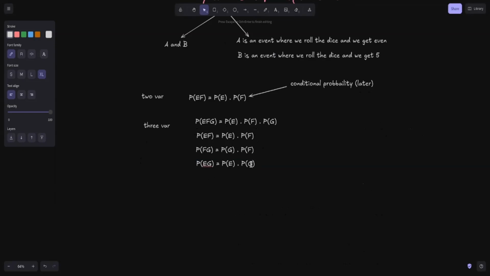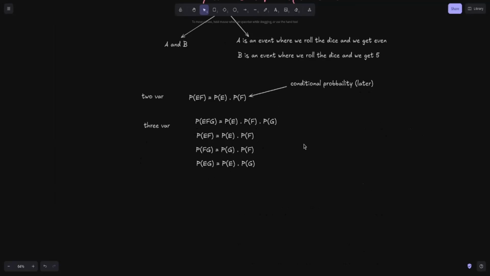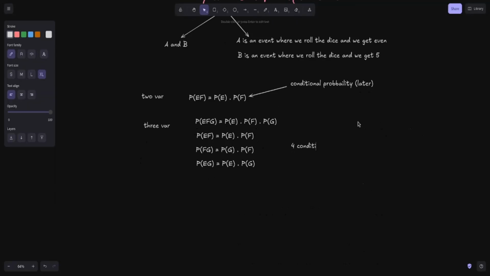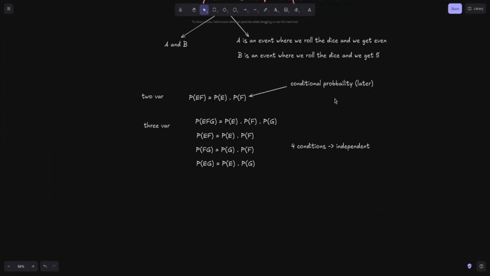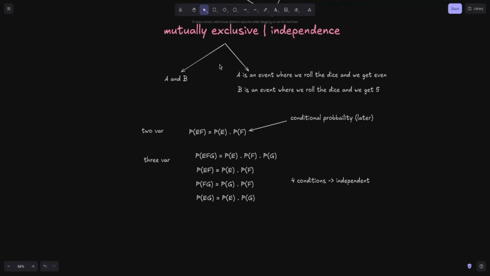If these 4 conditions are satisfied, that means it is independent. You cannot say it is independent with only the one condition of all 3. You have to also show that they are independent pairwise, then only you can say. So this is the main part of independence.